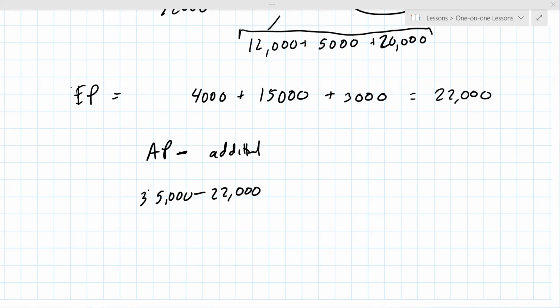Let's see if I can find anything in my notes about it. Least cost. All right, let me do another search here on this.